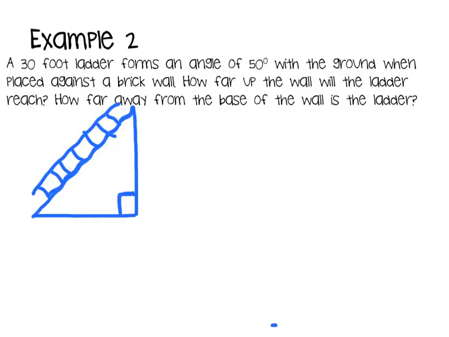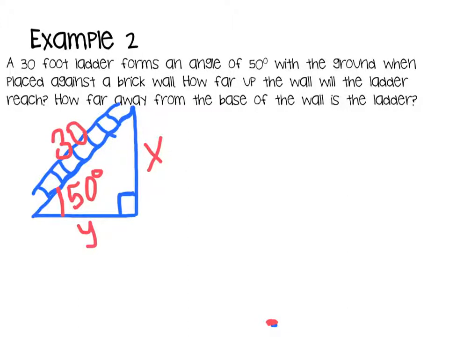A 30-foot ladder, so this is 30 feet, forms an angle of 50 degrees with the ground. We want to know how far up the wall the ladder can reach, and how far away from the base of the wall the ladder is.